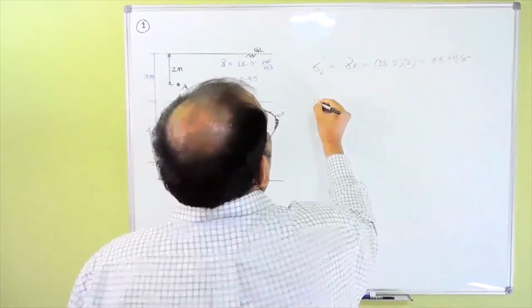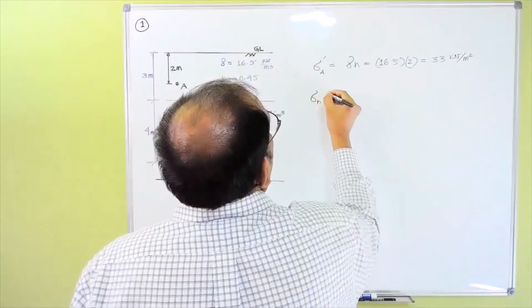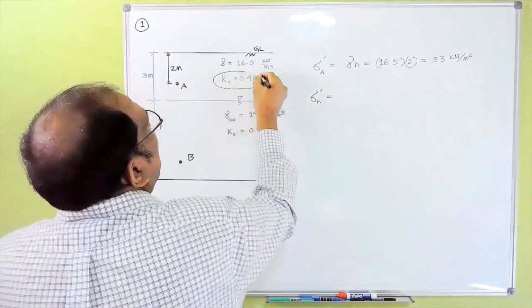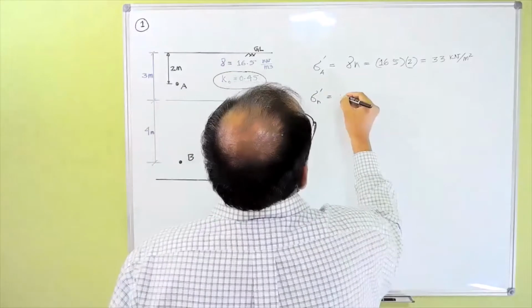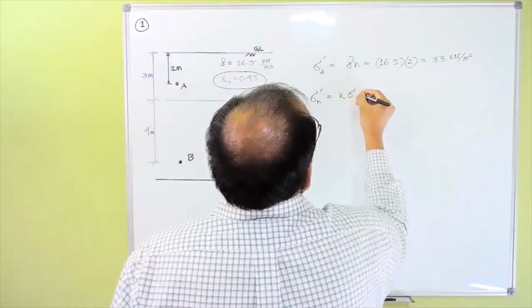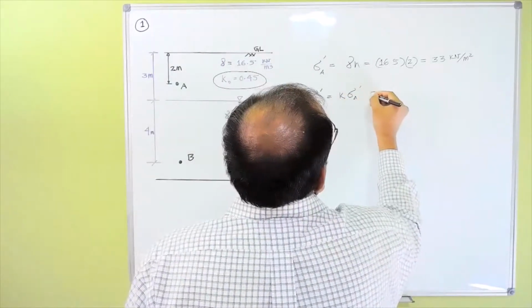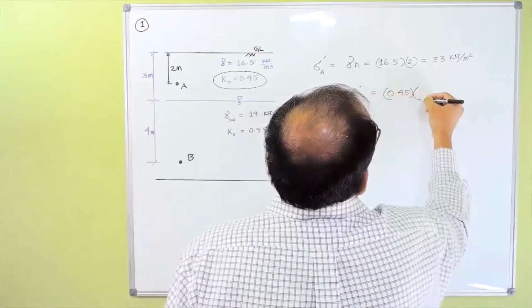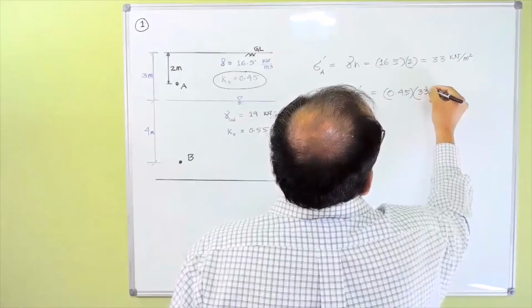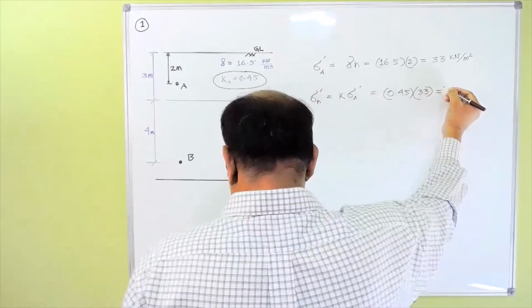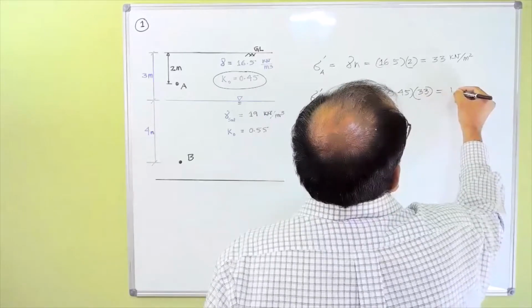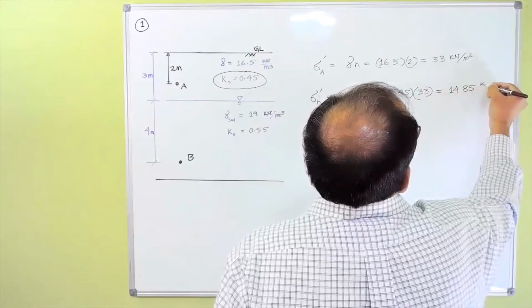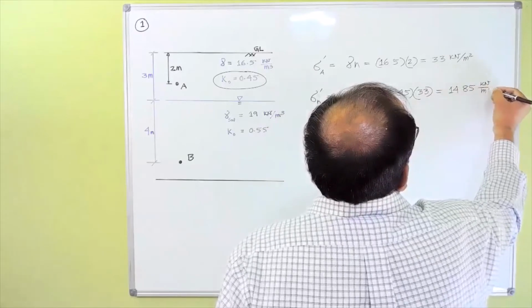So your sigma H has to be K naught, the coefficient given here, times sigma A prime, which is 0.45 multiplied by 33, that's actually 14.85 kilonewton per meter square.